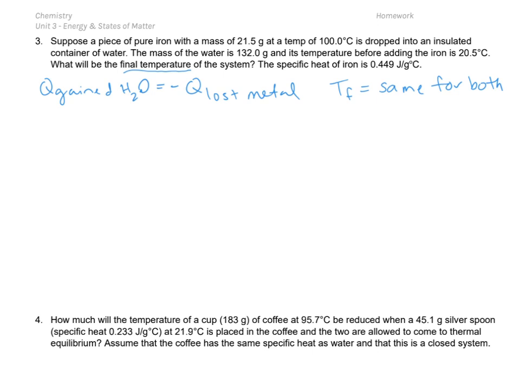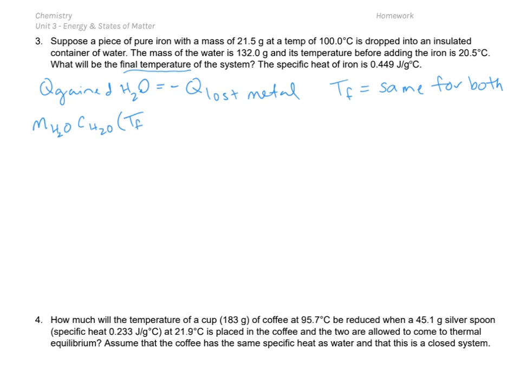So both the energy gained by the water and the energy lost by the metal involve the Q equals mc delta T equation, because both of them changed in temperature and not phase. So our big version, when we expand it, we will have the mass of the water times the specific heat of the water times the change in temperature.